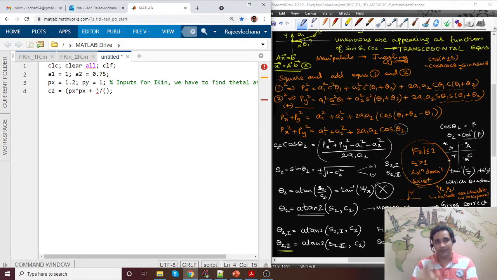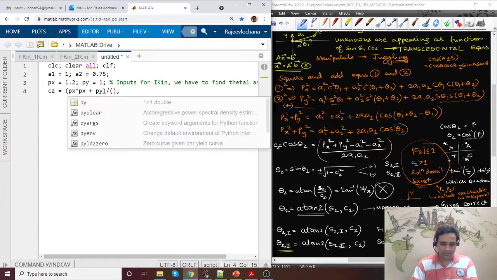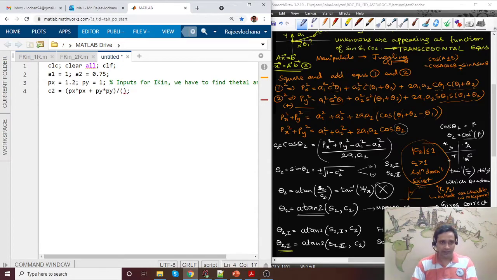That is much better than raised to the power of 2 or 3. Similarly, Py into Py minus A1 into A1 minus A2 into A2. So that is the numerator term on the right side, divided by 2 into A1 into A2.